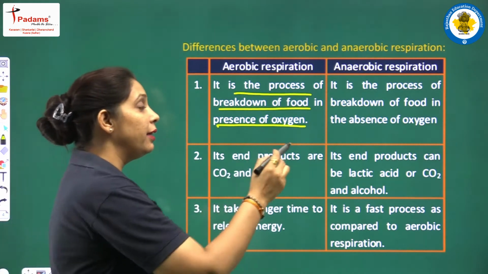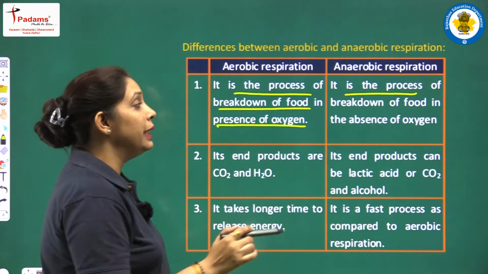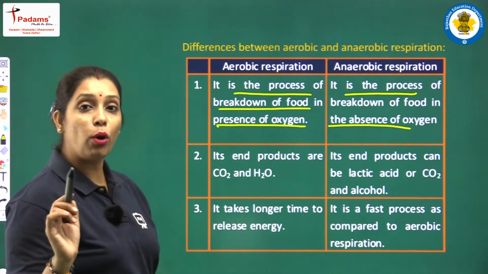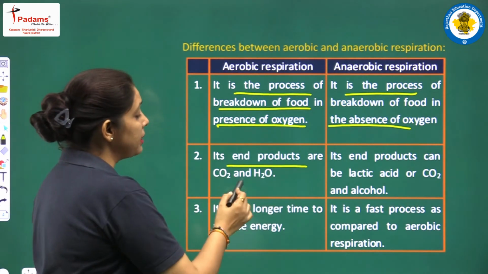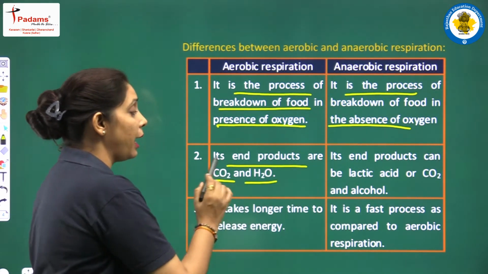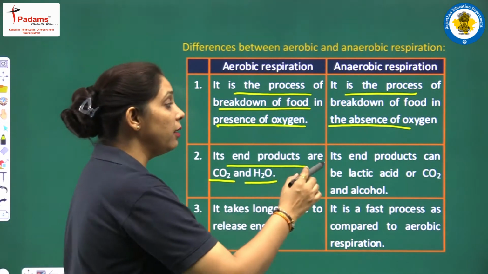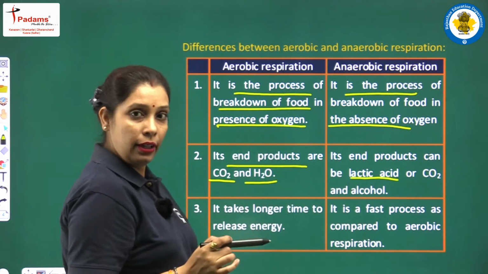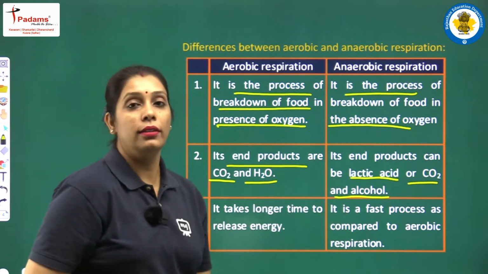Okay, and here we will write, it is the process of breakdown of food in the absence of oxygen. सबसे important difference. Fine. Next one, the end products are carbon dioxide and water, CO2 and H2O. And here end products may be lactic acid. Is that clear? Carbon dioxide, alcohol.